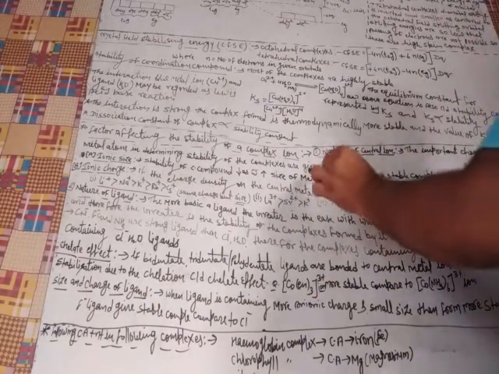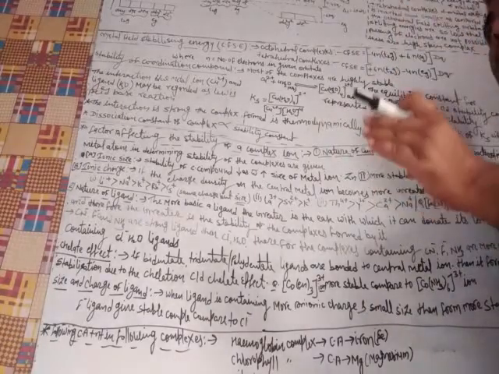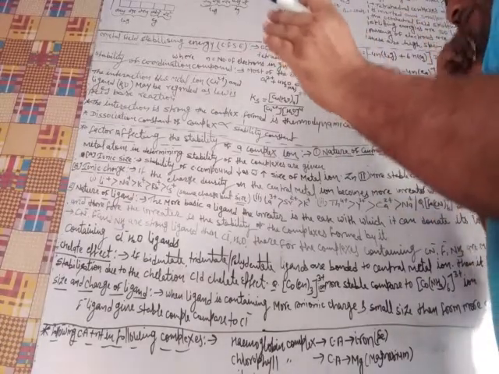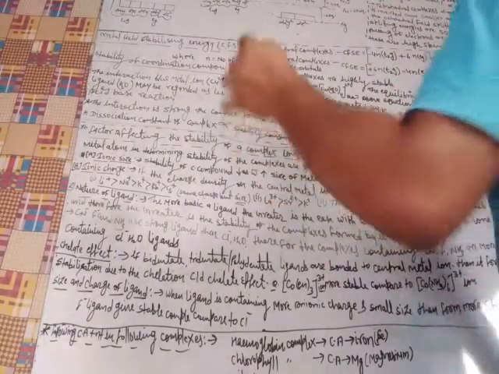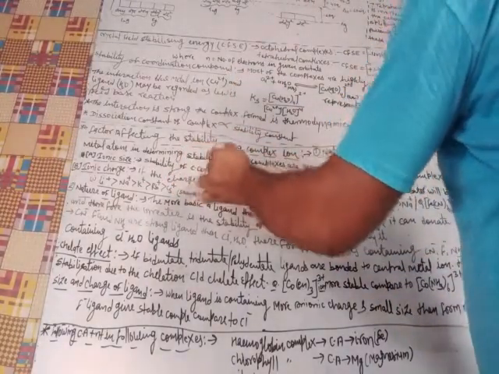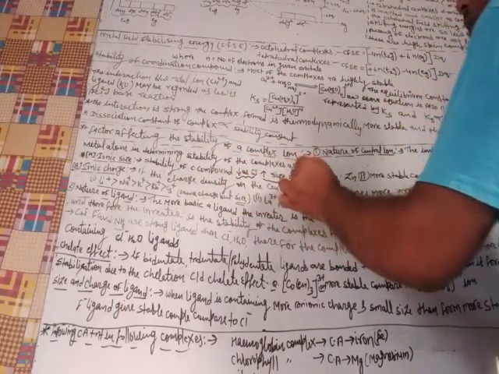Moving in a group from top to bottom, the metal ion size always increases, and moving left to right in a period, the size decreases. Coordination compound stability decreases with increasing size of the metal ion.